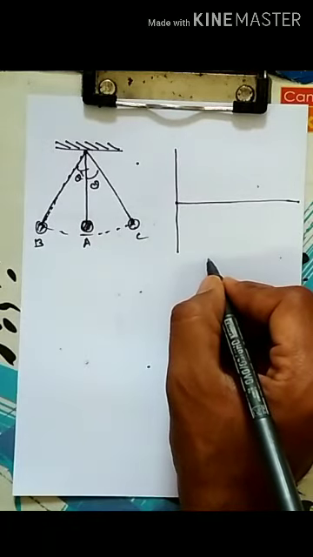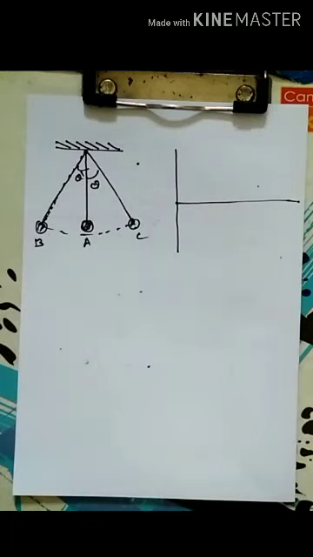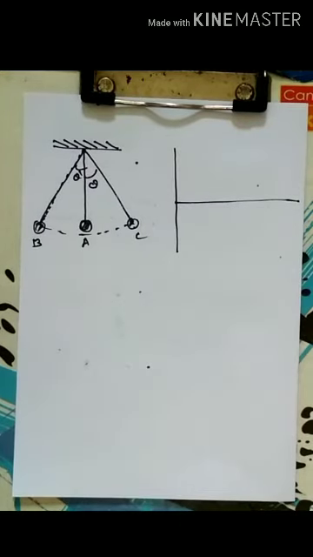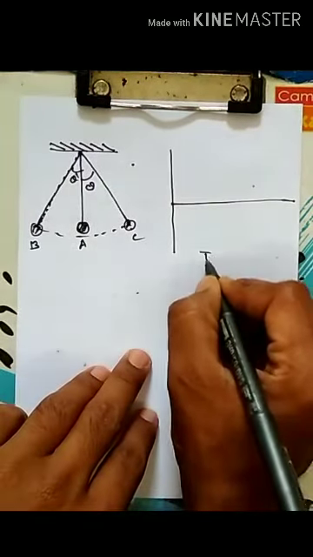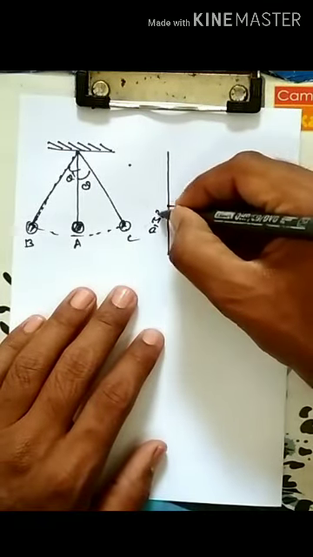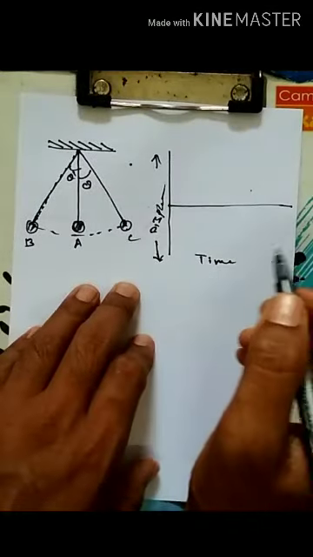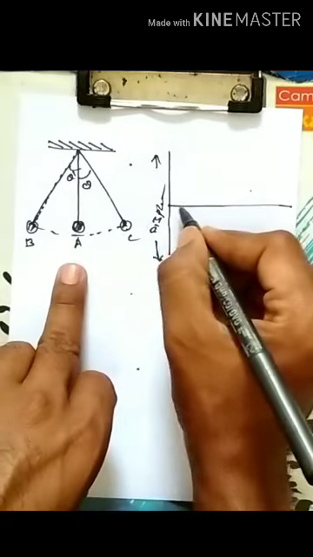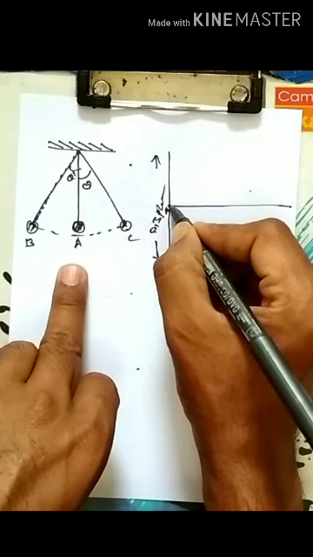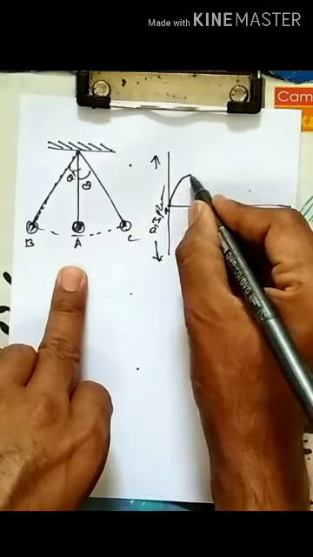here must be time and here must be displacement. This is the displacement from this point to this point. So what happened, this point A must be here, and when it comes to the point B, there is a maximum amplitude.